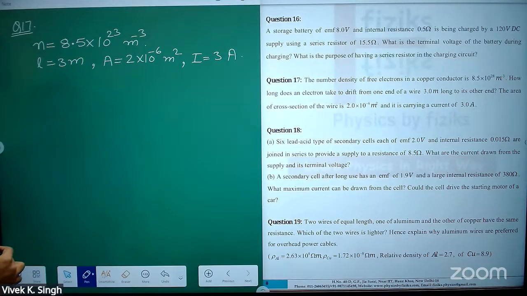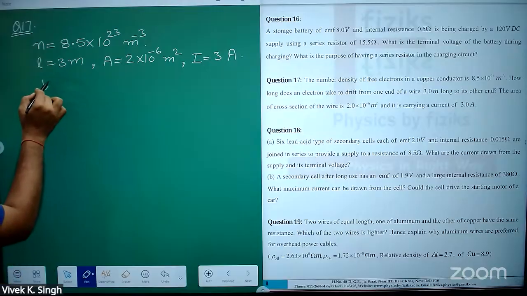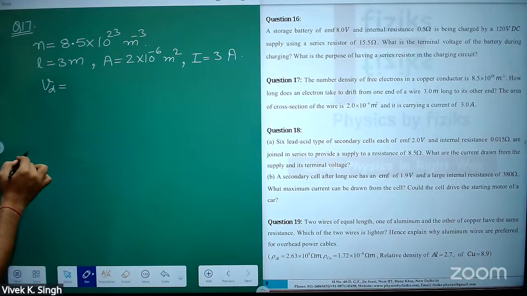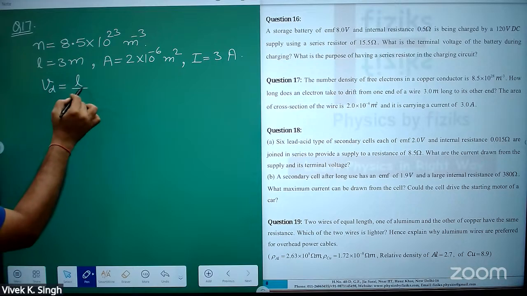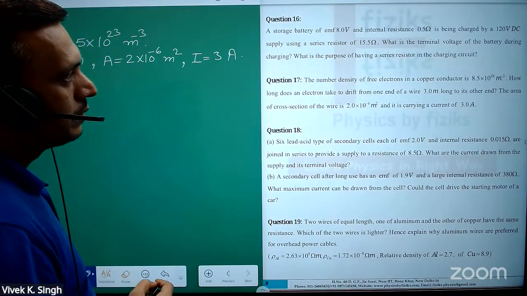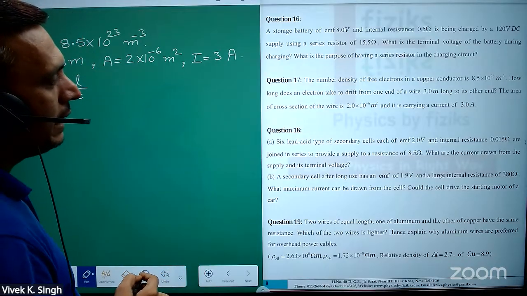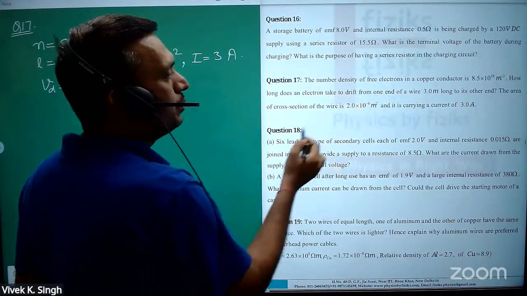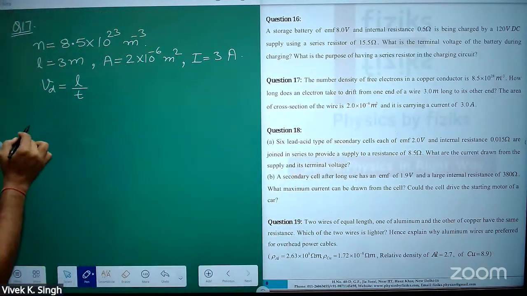So drift velocity Vd is given by L by T. How long does an electron take to drift from one end of the wire to the other end?